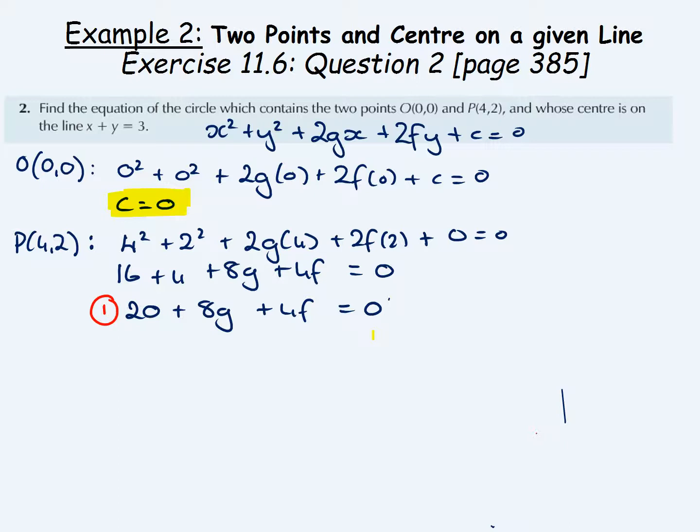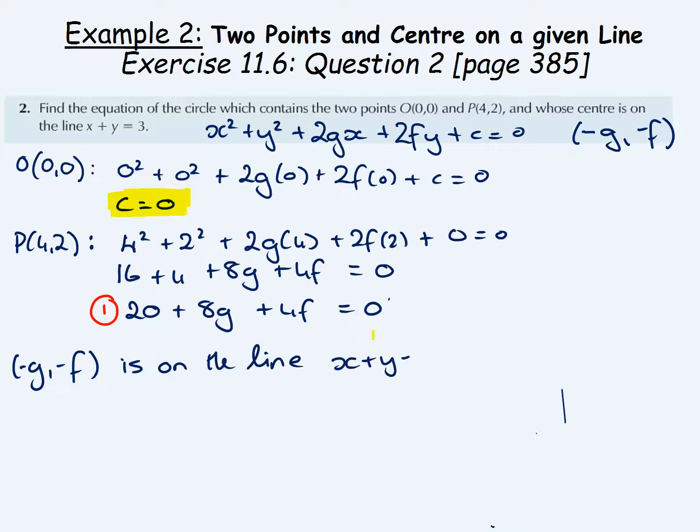They gave us 2 points, and then they said the center of the circle is on the line x plus y equals 3. So in this form, the center is minus g, minus f. So I know that minus g, minus f is on the line x plus y equals 3.